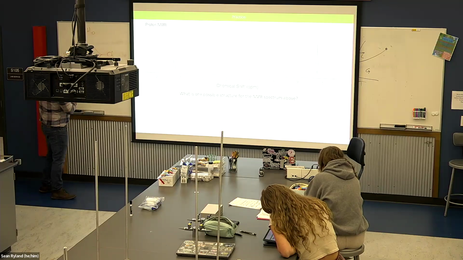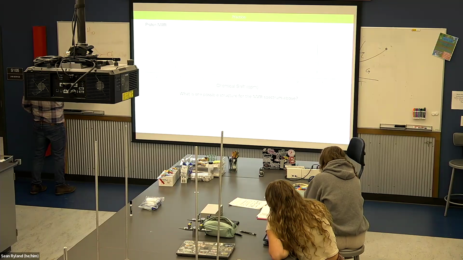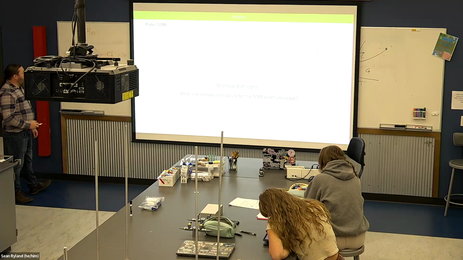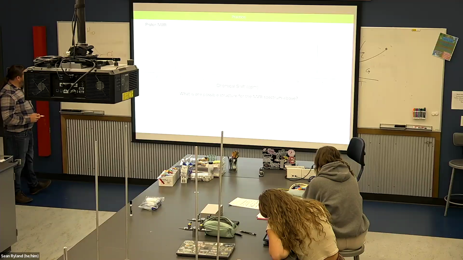So for the signal in the aromatic region for this one, I would expect it to look something like this. Pretty neat still. Almost like two very separate signals. They might be kind of on top of each other, but they're definitely going to be in that aromatic region.